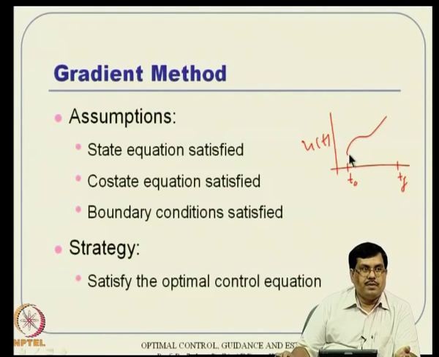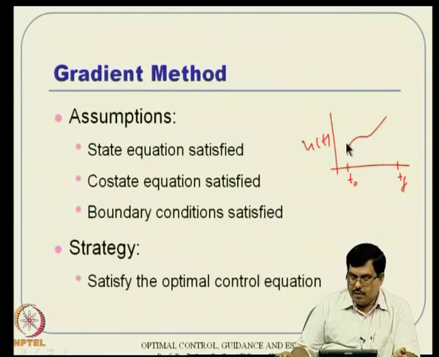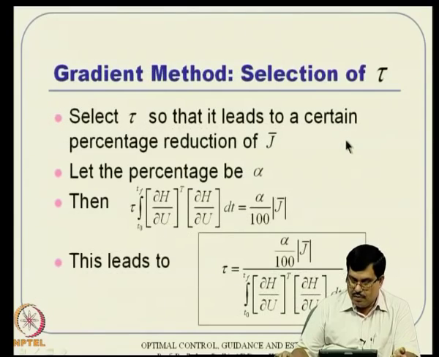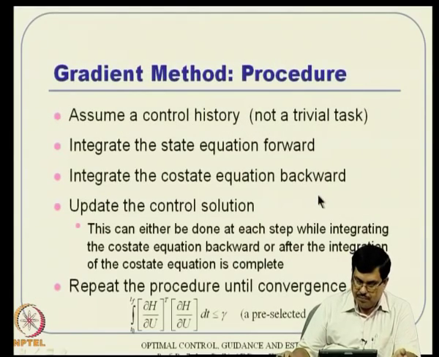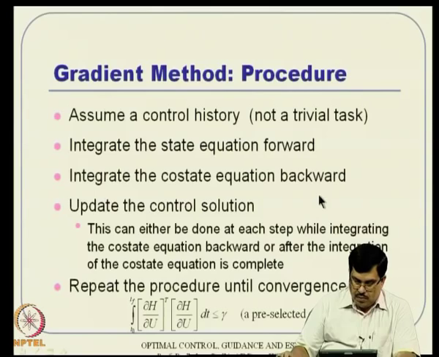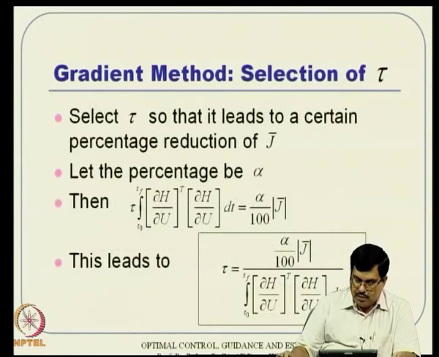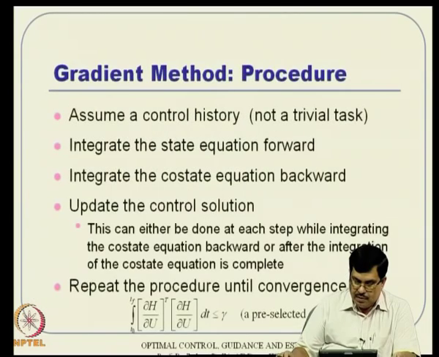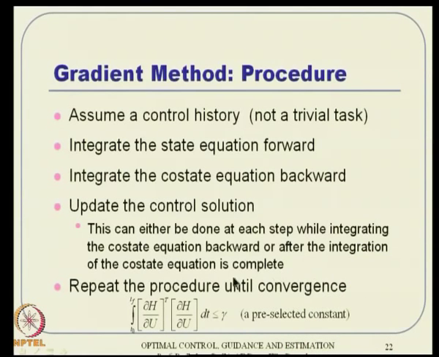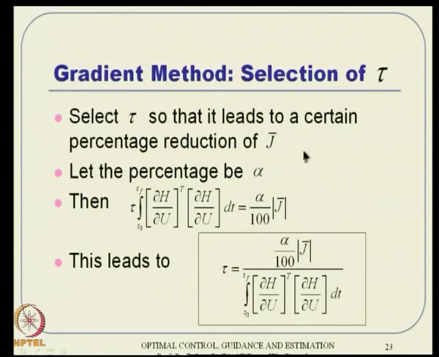So these are the 2 choices that you have. This is what it summarizes, and then you repeat the procedure until convergence, and convergence means this: as soon as this integral value is less than a certain pre-selected constant, you can assume that it has converged and you stop.